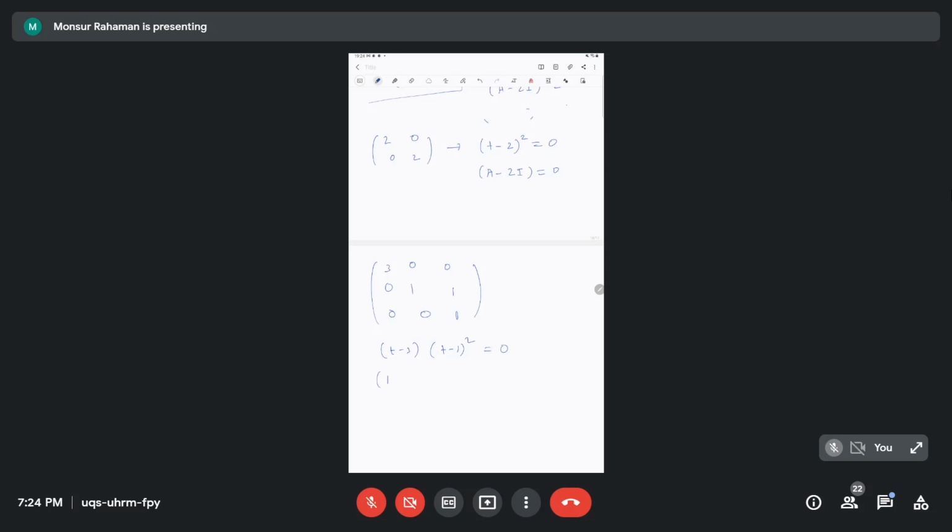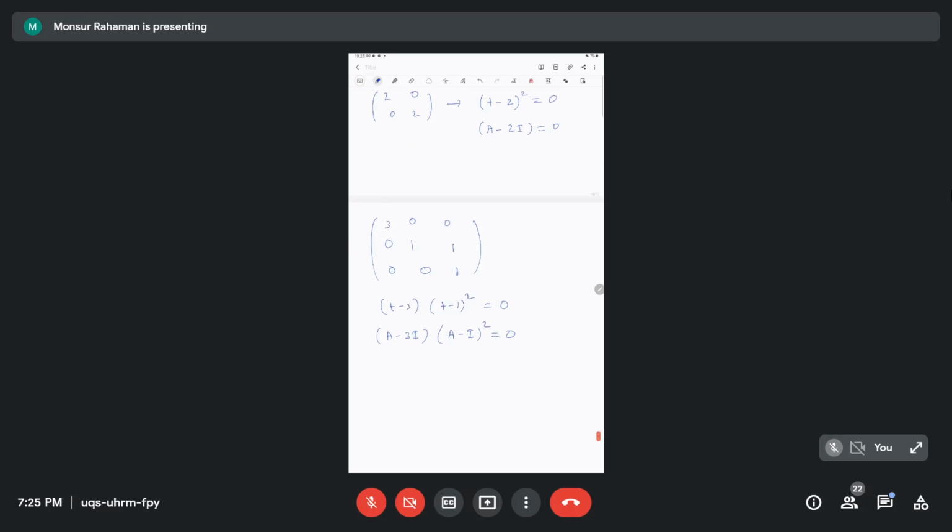So it's A minus 3I and A minus I squared equals 0. Its minimal polynomial could be this possibility only, or this one, or the original one. So let's try which one it is.